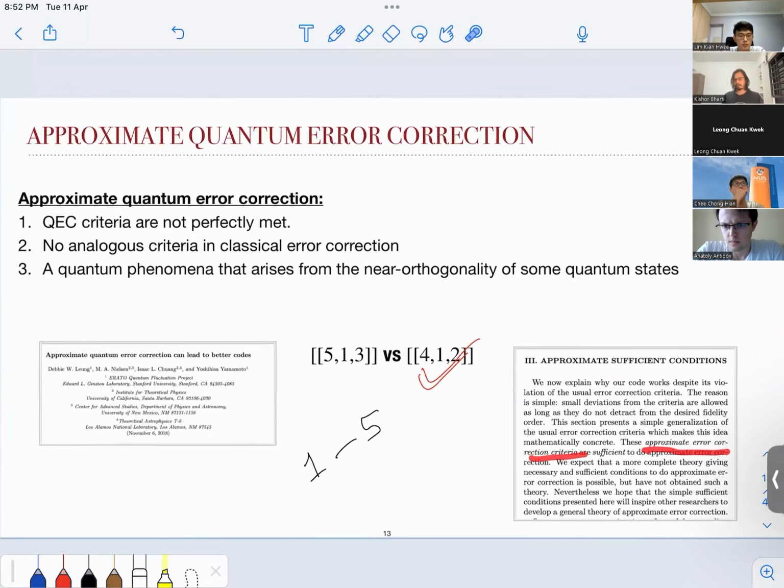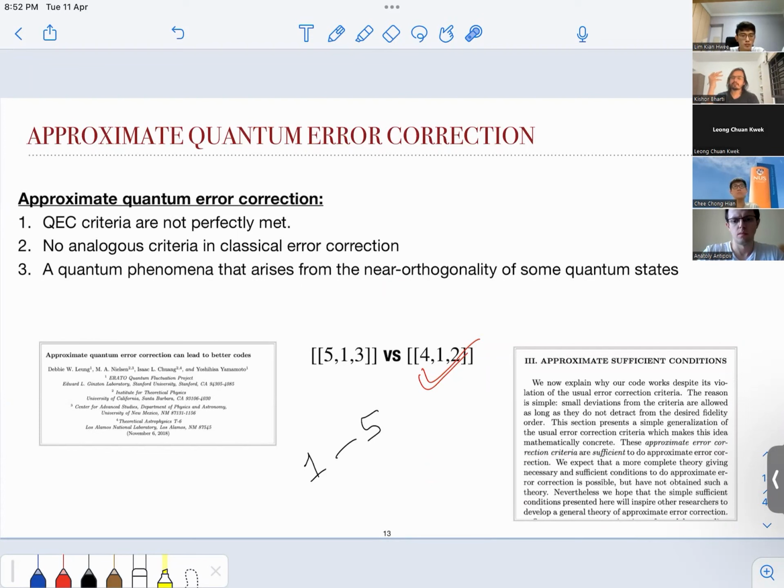It's good to read. Whenever you see a nice code, or a nice family of codes, you can ask a question: can I lower the resources? And can I think about making it amenable to some particular noise model?